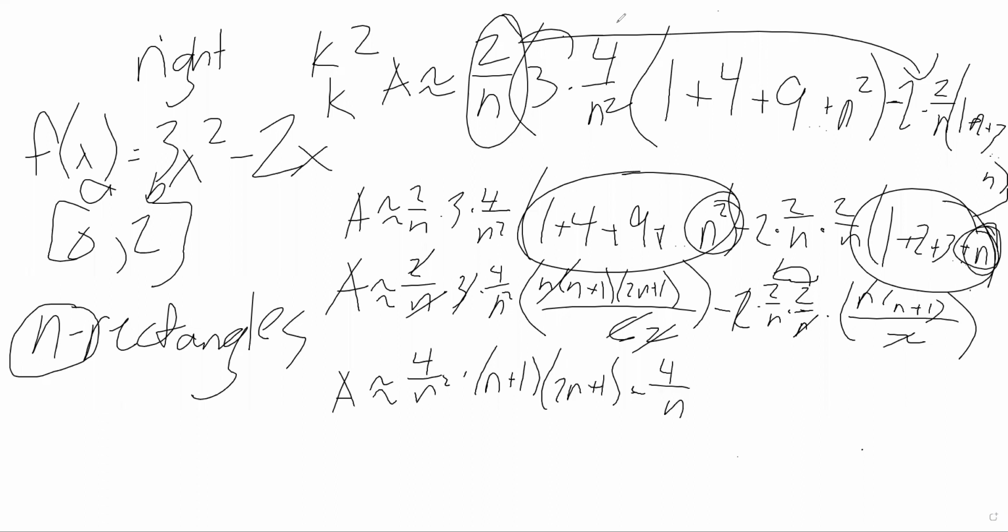It's 4 over n times n times, nope, that n got canceled out. So it'd be times n plus 1 over nothing. So let me just put that up. And plus 1. Okay. That's the simplified version that we get after canceling everything out.